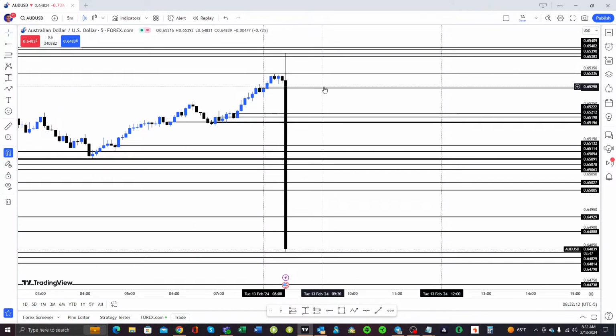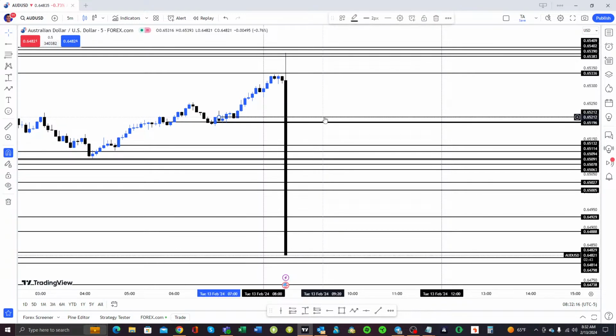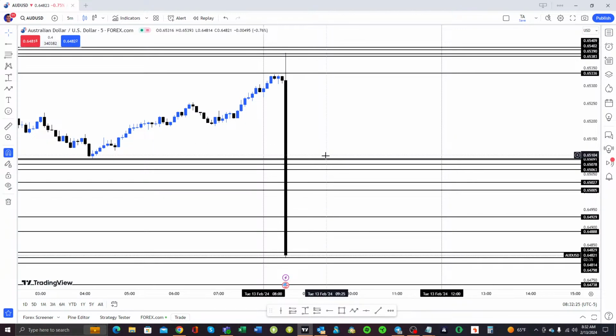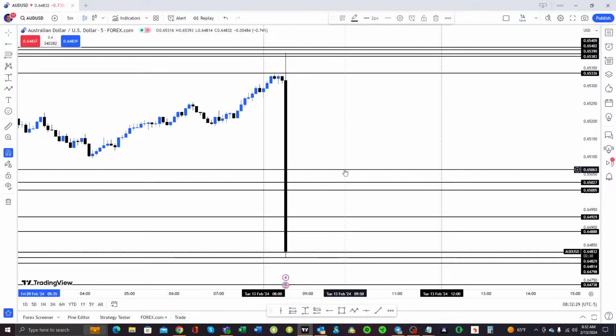Let's see, that's clearly broken. I kind of want to delete everything up into those three because they don't mean much to me right now. They're not that strong. They're not bottom of swing points.